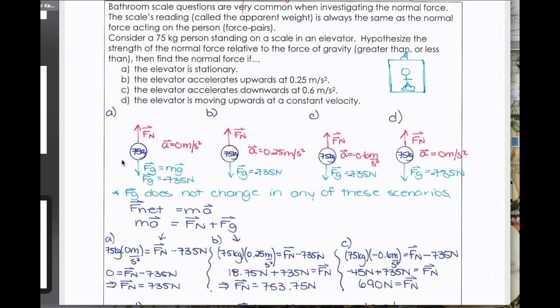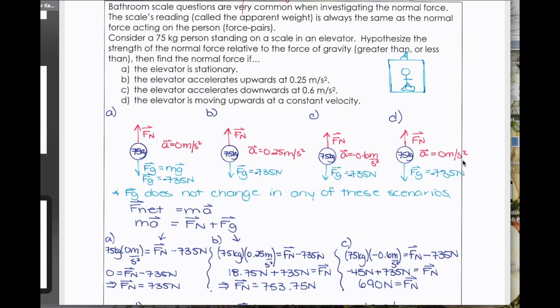Then we put in the normal force, which prevents the person from falling through the floor. For part A, the acceleration is 0. For part B, it's 0.25. For part C, it's negative 0.6.